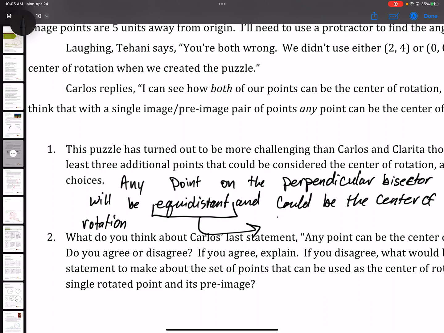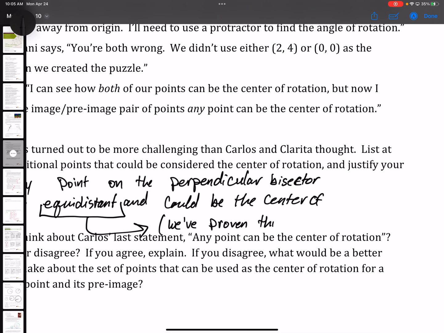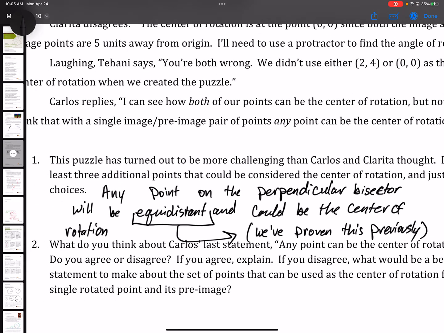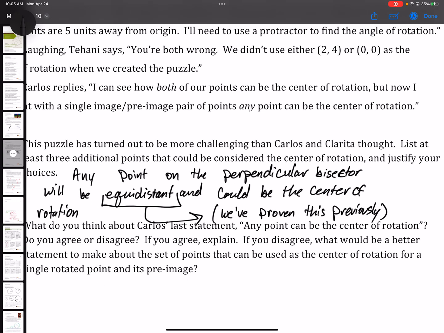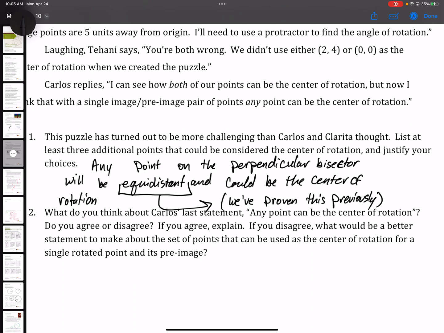I'm also going to make a note that says we've proved this, or we've proven this previously. Because that's kind of a big statement to just make, but we actually have proven it. So we're going to go ahead and just acknowledge that. That was a lot of cosine sine. Amen, brother.